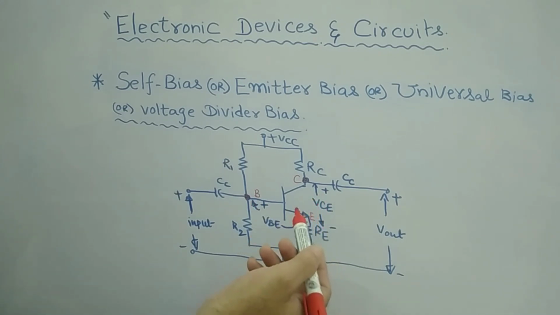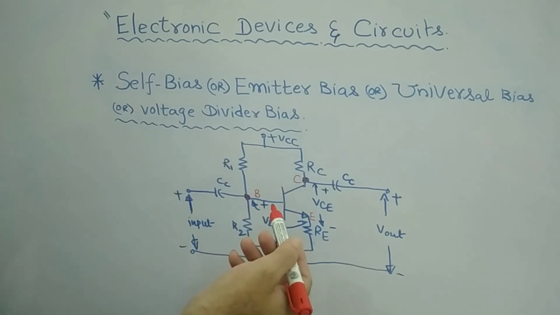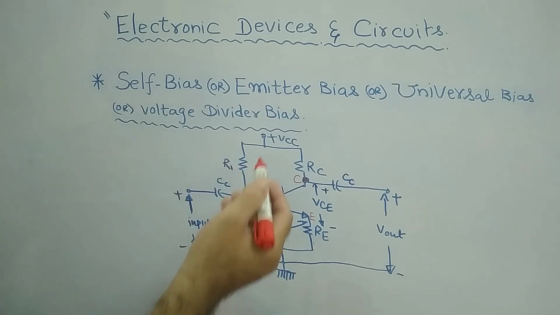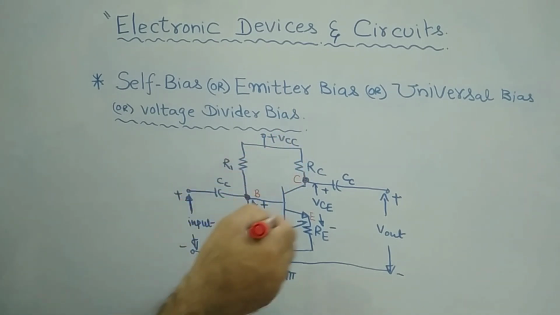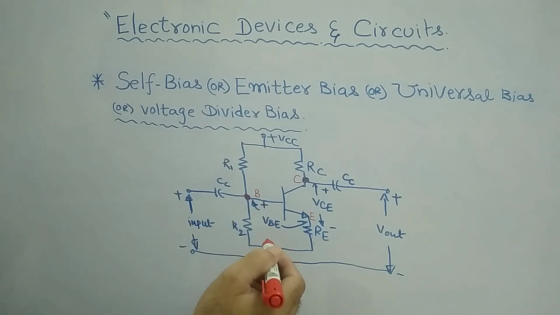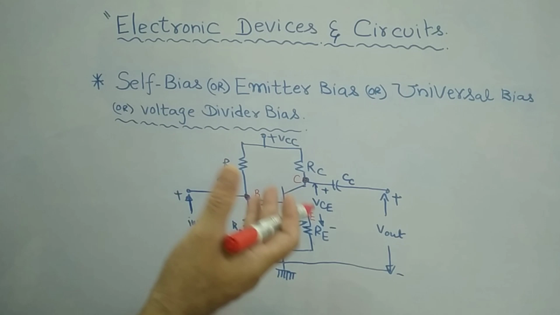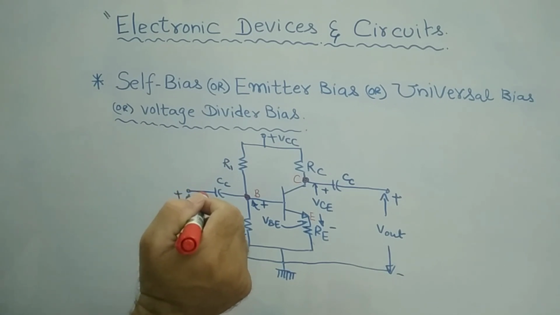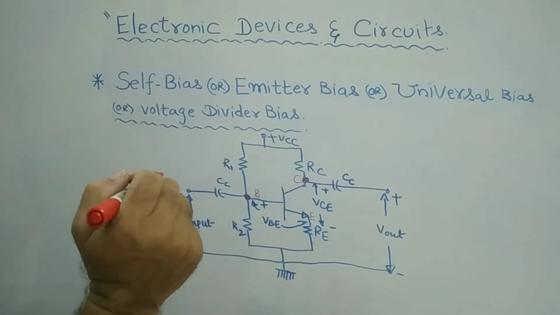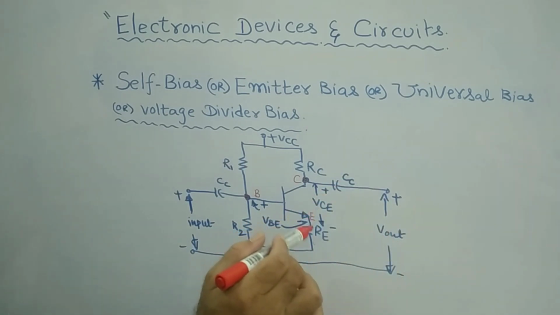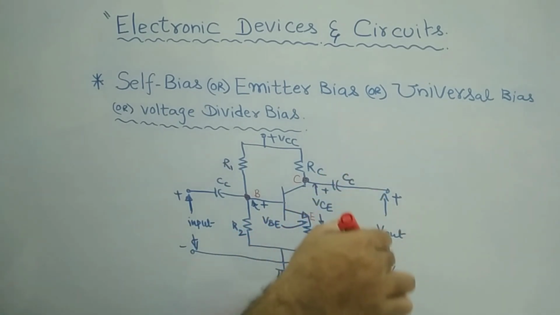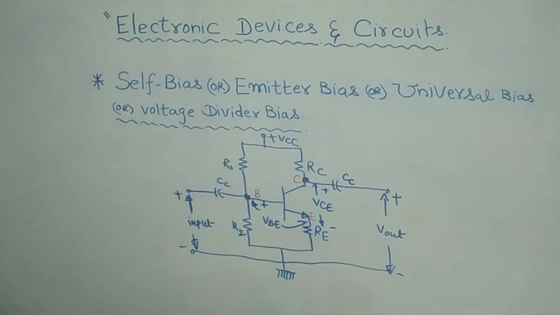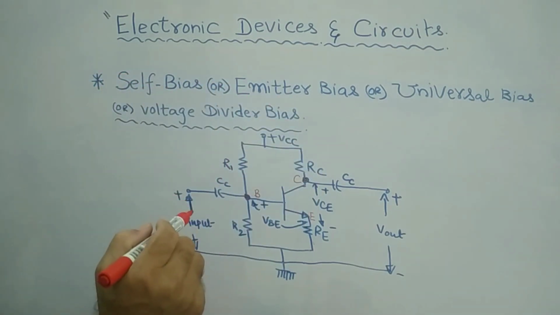I have already given a nice definition of biasing: it is the selection of proper values for the supply voltage as well as the external resistors, in such a way that you will get the proper desired output, and moreover a distortionless output. Therefore, this is the very simple circuit used under this very important configuration.